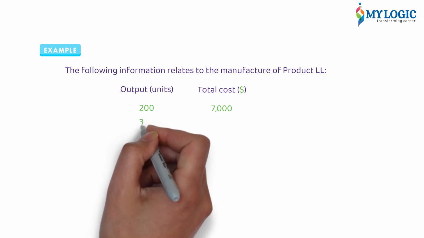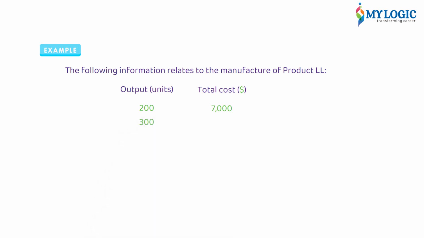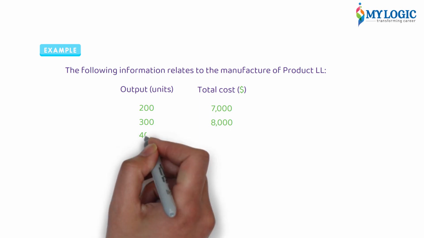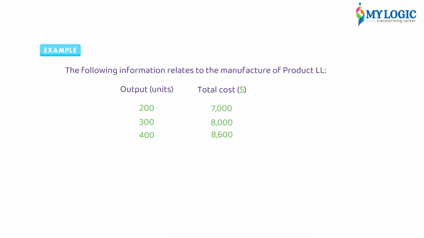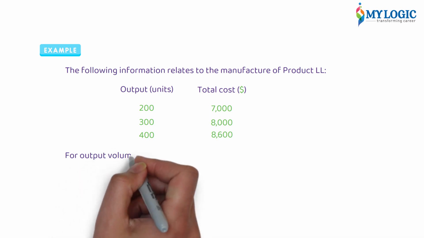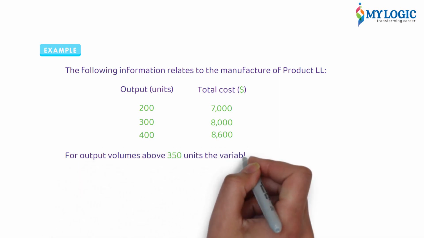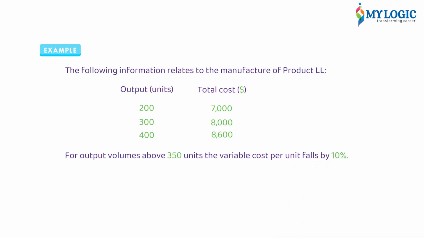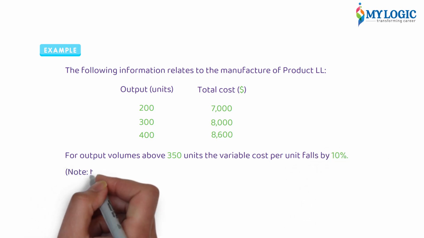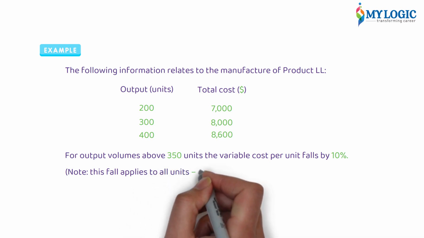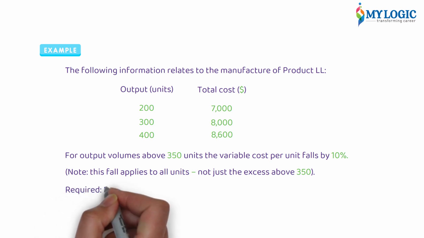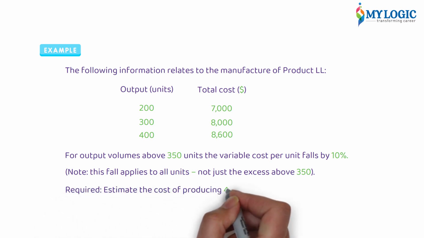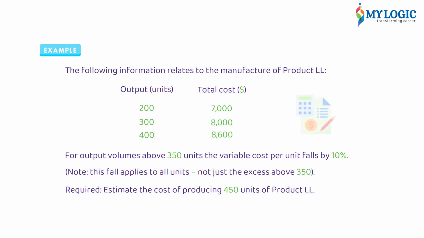For output in units 300, total cost in dollars 8,000. For output in units 400, total cost in dollars 8,600. For output volumes above 350 units, the variable cost per unit falls by 10%. Note, this fall applies to all units, not just the excess above 350. Required. Estimate the cost of producing 450 units of product LL.